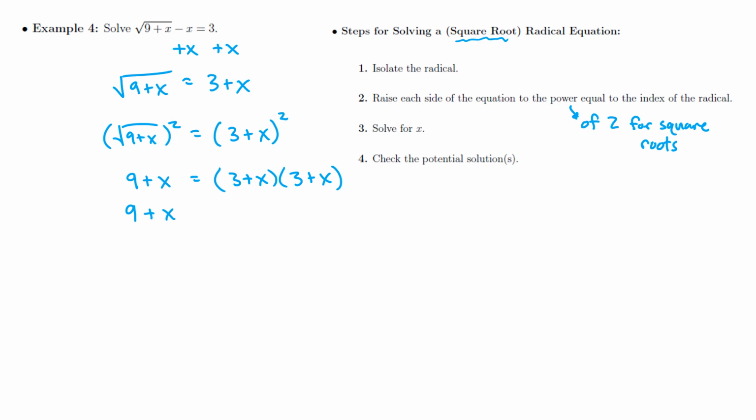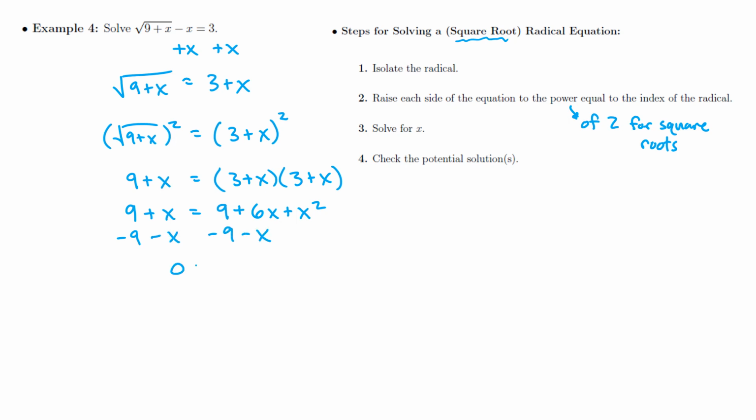Then you can go ahead and do the rest of that. So it would be 9 plus 3x is 6x plus x squared. And again, it's a quadratic, and I know how to handle that. So we'll subtract 9 and subtract x from both sides.